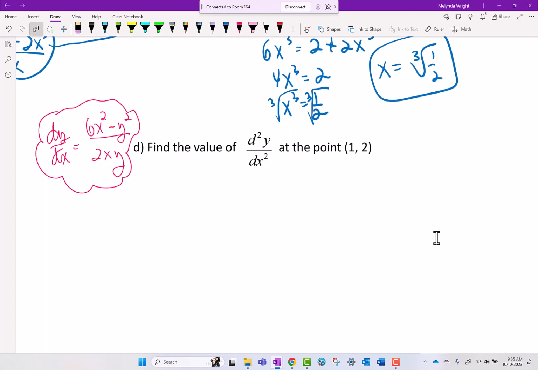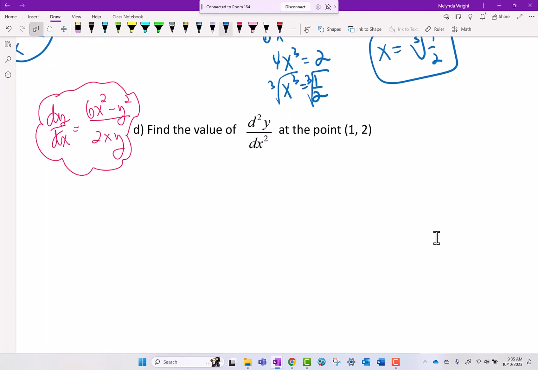So, to find the second derivative, this is going to be so exciting. Okay, so the second derivative, d2y over dx2 equals. What rule do I need to use here? What rule to take that derivative? Quotient rule. Yep, it's a fraction.